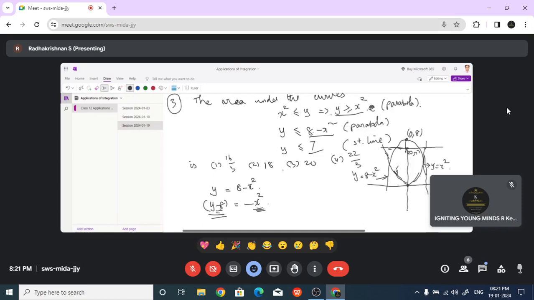So y less than or equal to 7, y equal to 7 we have drawn. So basically we need the area in this area. So how can we get this?